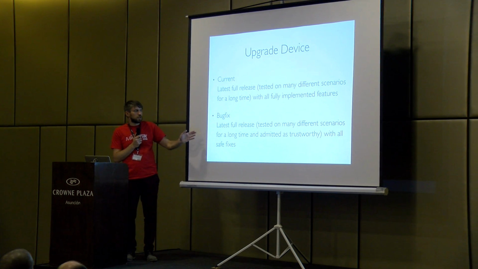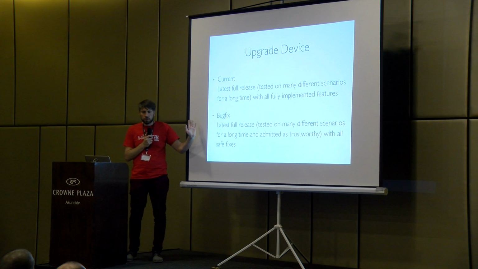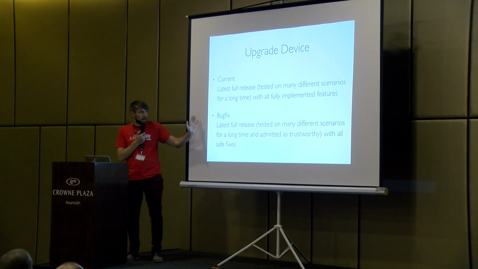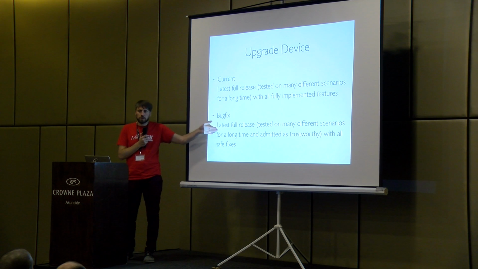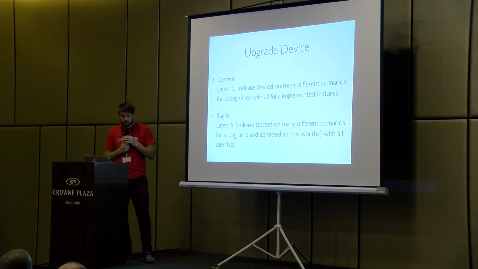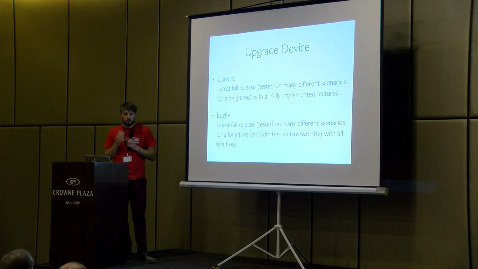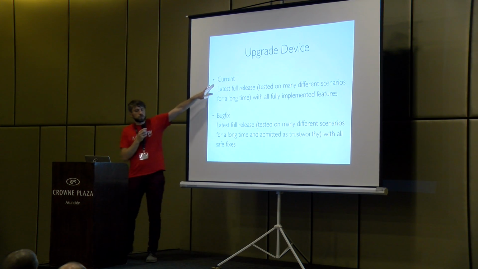It is long tested, the latest full release with all known issues fixed. If we receive issues, for example that the router is rebooting in some specific situation, we put that fix in the bug fix version, and that is the version you should use on your network. But you can also use the current one.